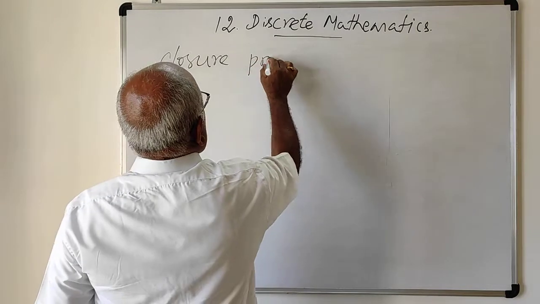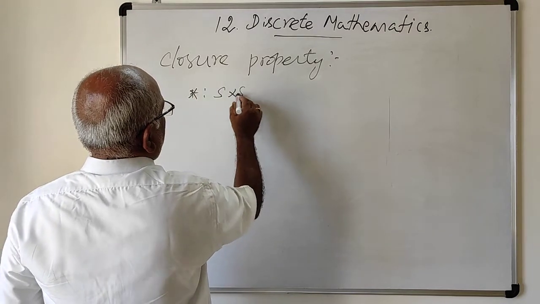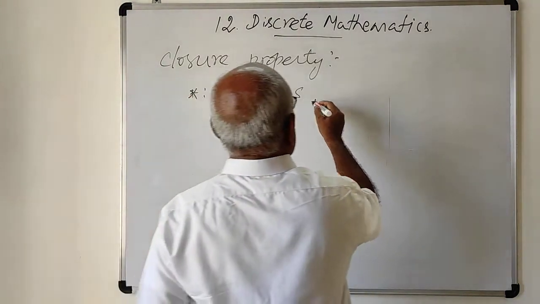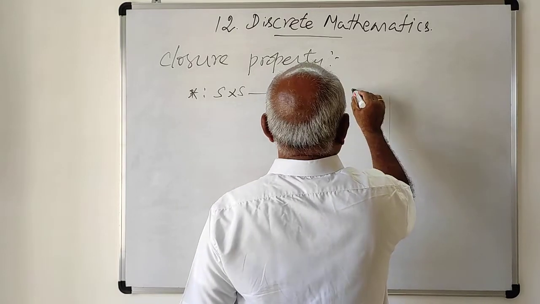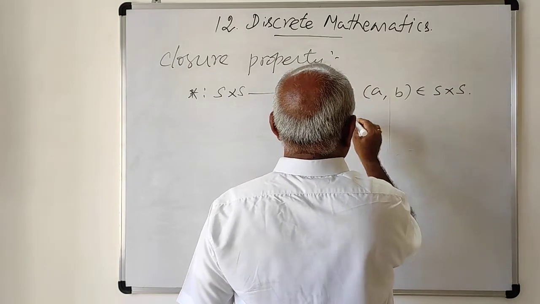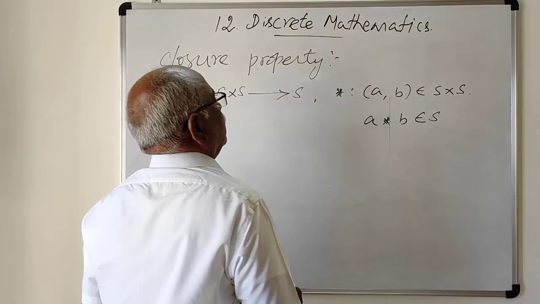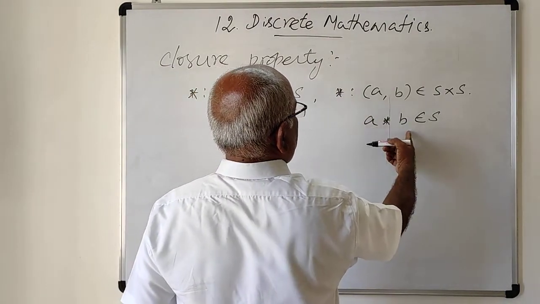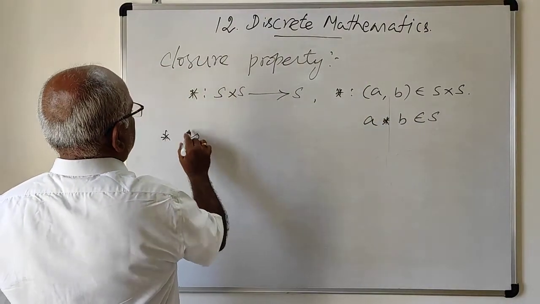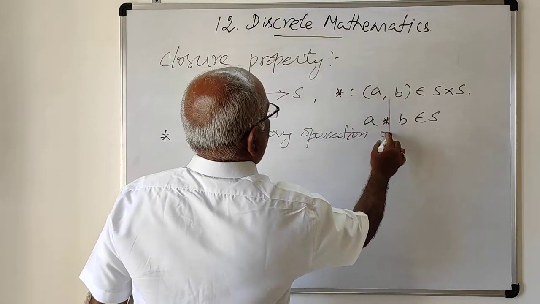Star is a binary operation on S, star: S cross S to S. That is, star is a binary operation because for A comma B belonging to S, on operating star, A star B belongs to S. Then star is said to be a binary operation on S, as we have seen.